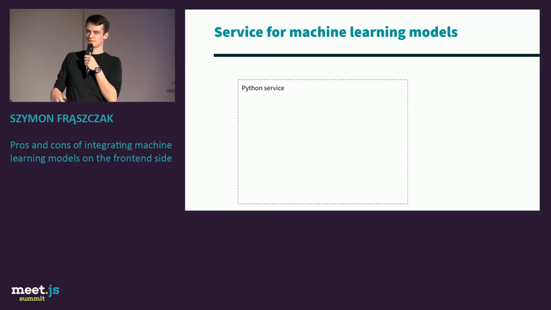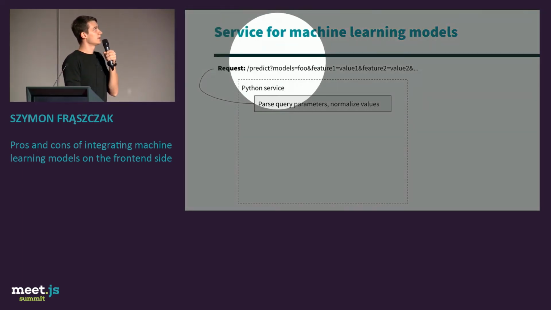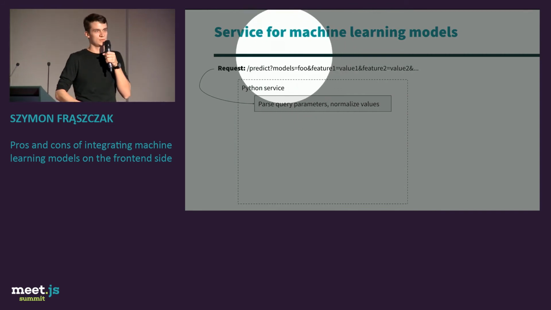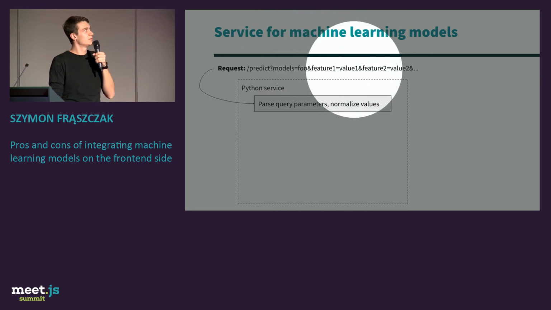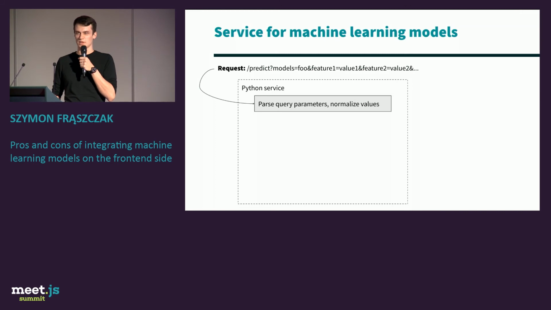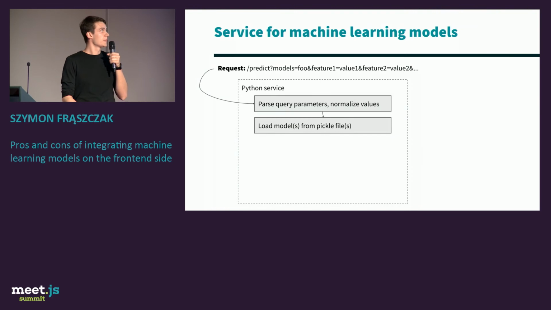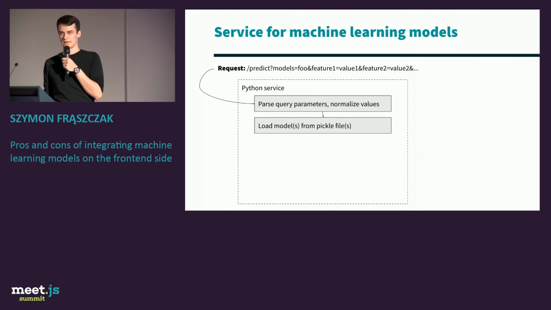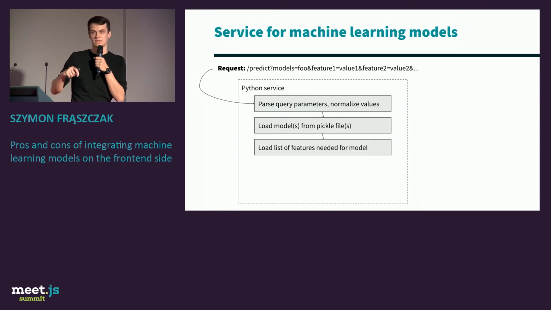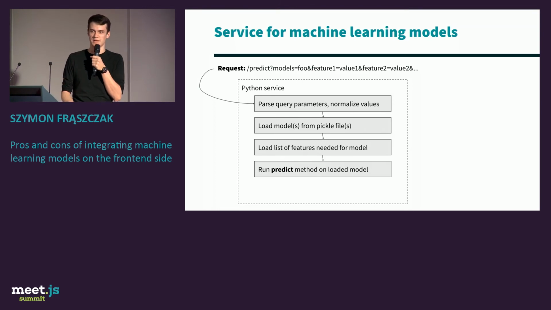We wrote the service in Python, and assuming that the incoming request contains the list of models which we are going to ask for the prediction and a list of features with their values, in the first step we are parsing query parameters, we are normalizing values, and we are loading models from Python pickle files. After that, we are loading the list of features which is specified for each model, and we are calling the predict method.